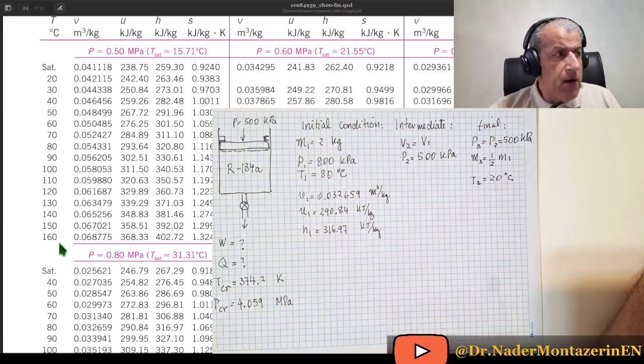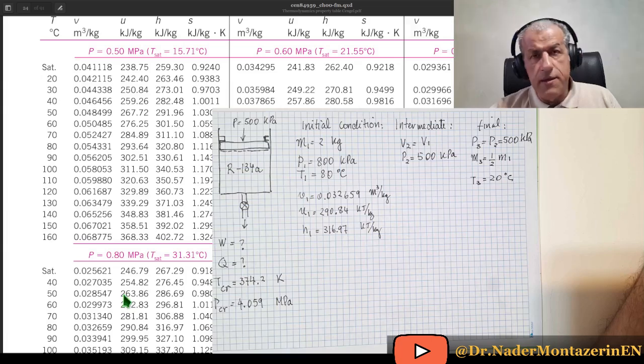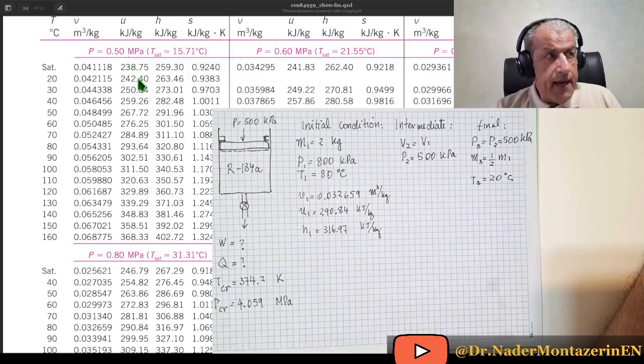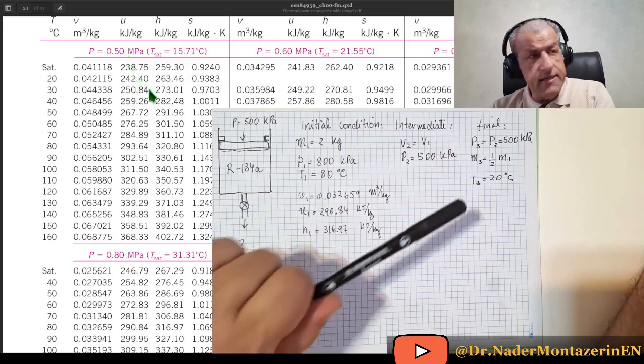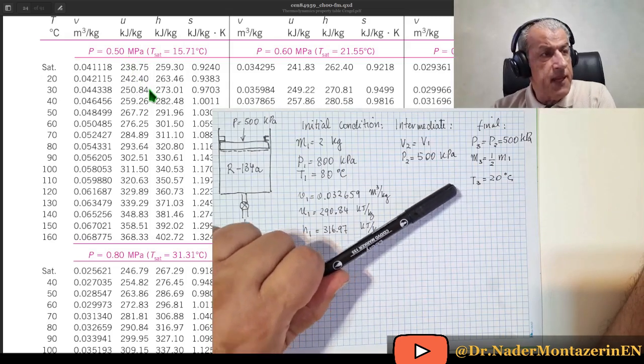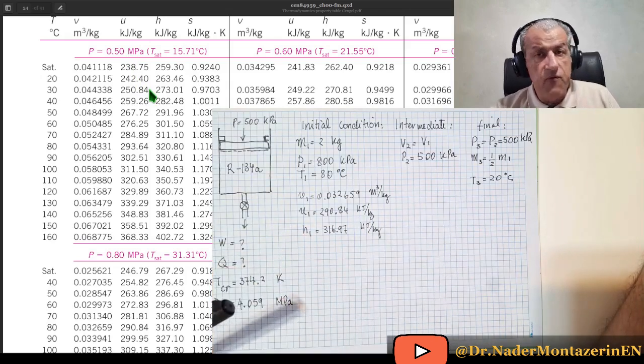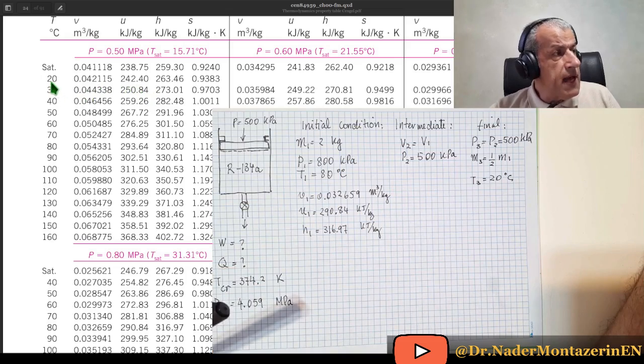Just above this place in the table where we just read properties for point 1, we have our point for point 3. And at 20 degrees C, which is the temperature for 500 kilopascal, we would have this information.